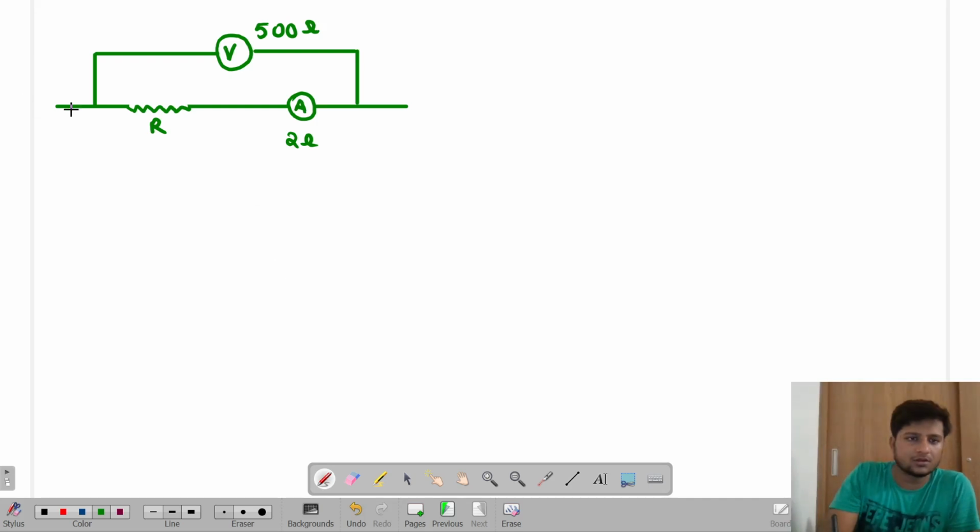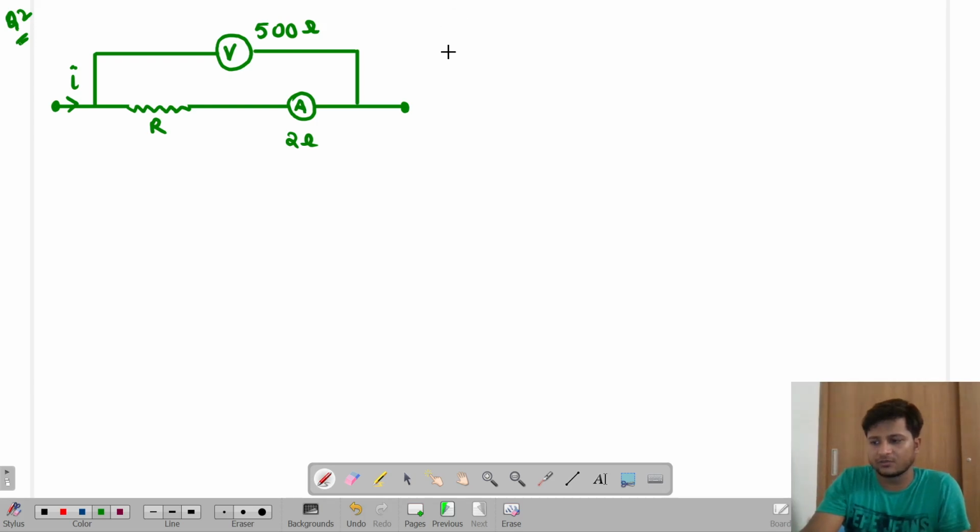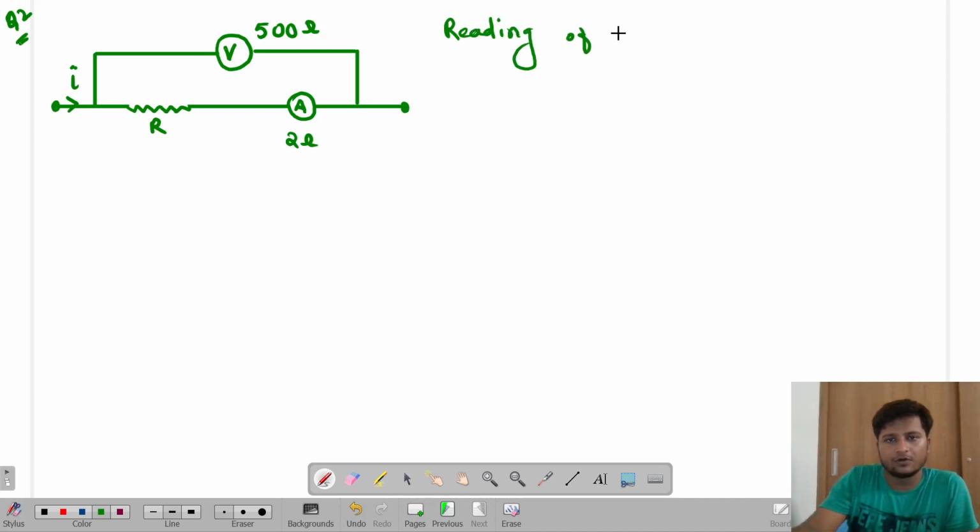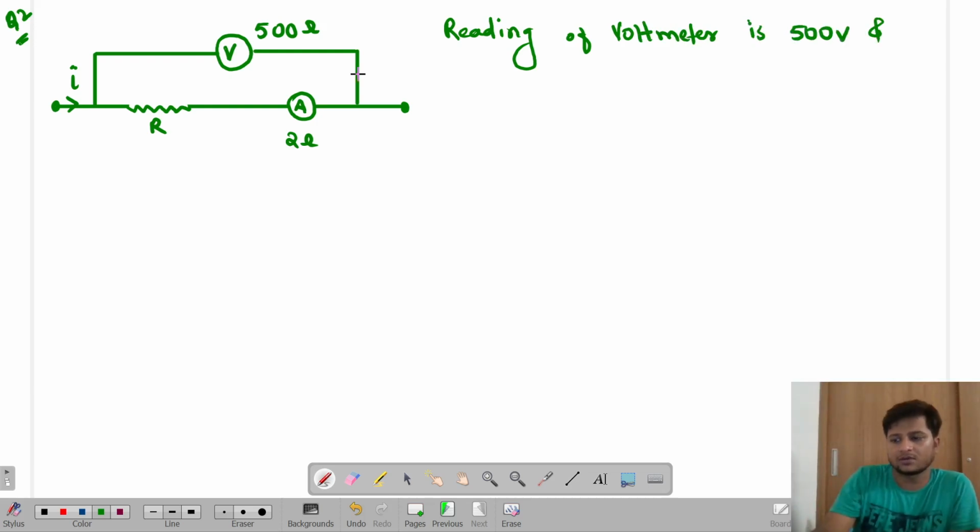Now the ammeter resistance becomes countable. If this is my current I, question 2 says that the reading of the voltmeter is 500 volts and the ammeter is 5 amperes.